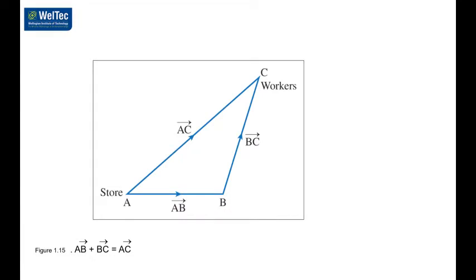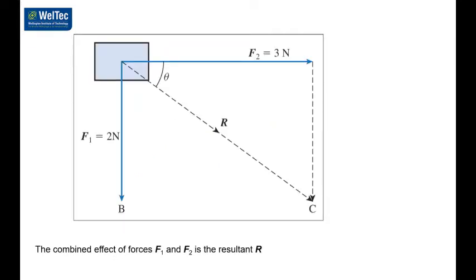That's just a repeat slide of the previous one. So AB plus BC is equal to AC. Let's go back now to the block that's subjected to two forces, one 3 newtons out to the right and another one 2 newtons vertically down.